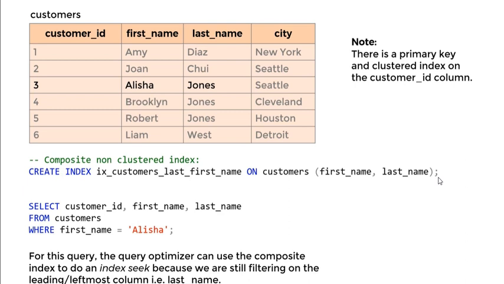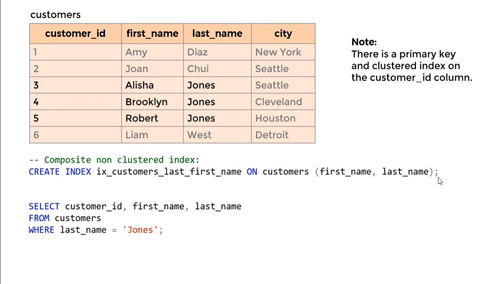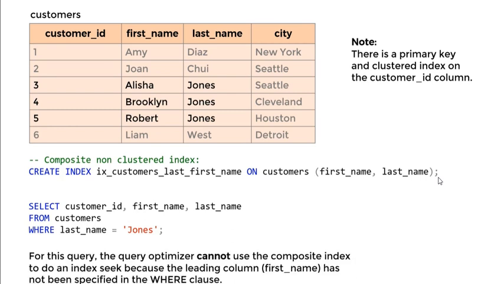Let's now filter only the last name column. Now we just have last name equals Jones. For this query, the query optimizer cannot use the composite index to do an index seek because the leading column first name has not been specified in the where clause.